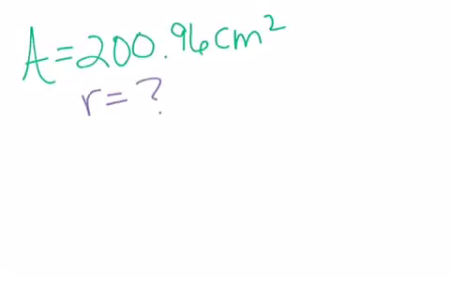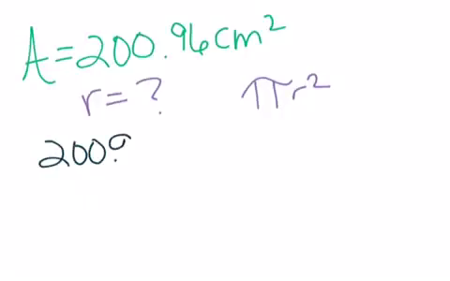Okay, so let's set this up as the area of a circle, which would be area equals, we know, pi r squared. We know what our area is, right? It's 200.96 centimeters squared. So let's plug that in here to our equation. You don't need the labels in the actual equation. So let's have 200.96 equals pi r squared.